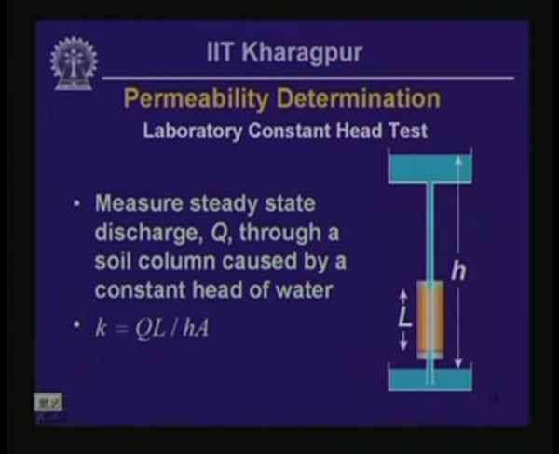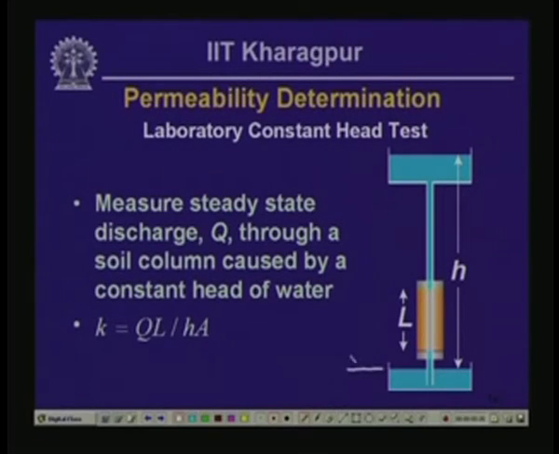It is called the constant head laboratory permeability test. Here, a soil or rock sample is placed under constant head difference. At the bottom end of the cylindrical sample, you have a lower head elevation, lower groundwater pressure, corresponding to the tailwater elevation.